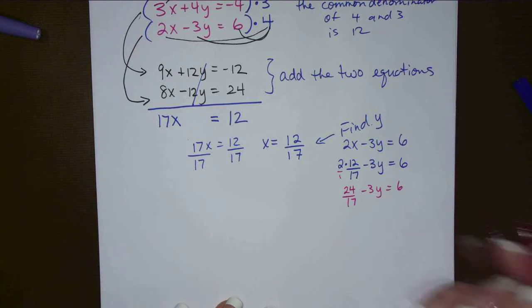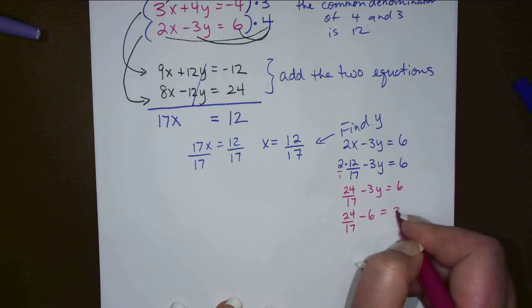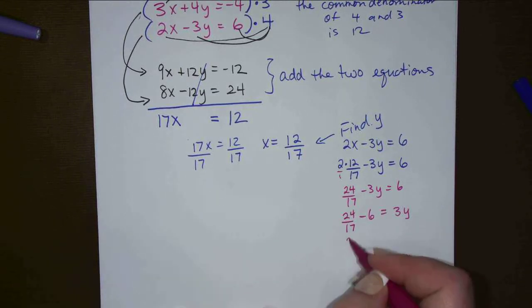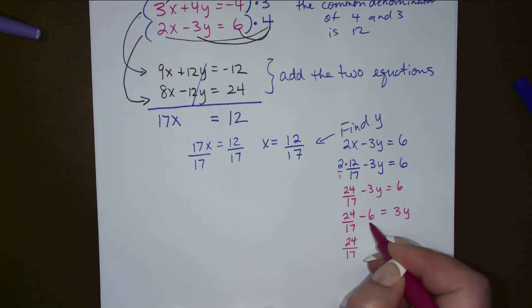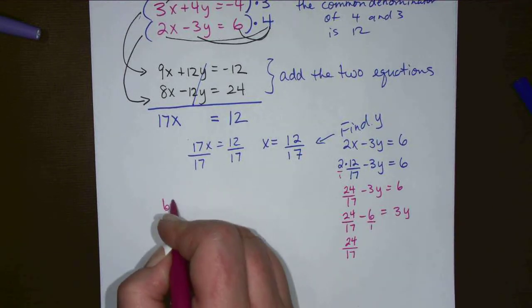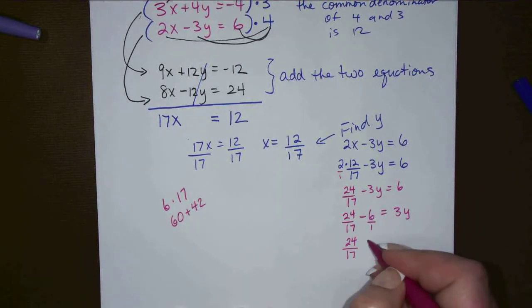Isolate the y, so 24 over 17 minus 6 equals 3y. And we need a common denominator. Oh, this is not very nice. So that's like 6 over 1. What do we need to multiply by? 17. So 6 times 17 is 60 plus 42, 102.